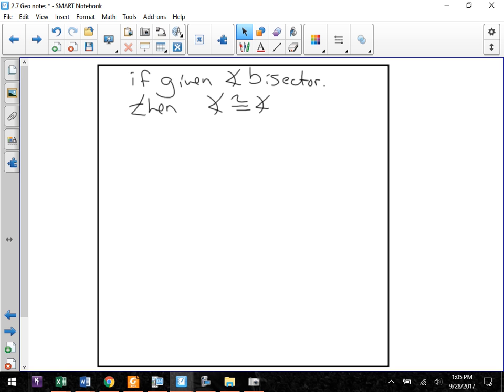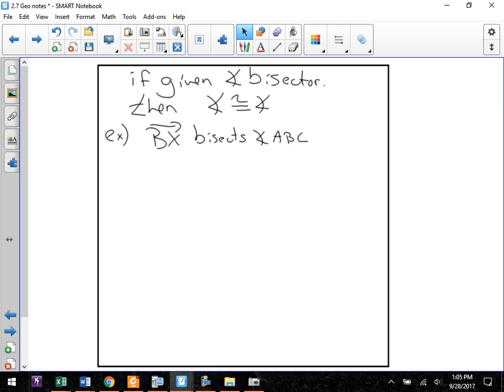For example, BX bisects angle ABC. I'm just pulling letters out of thin air.